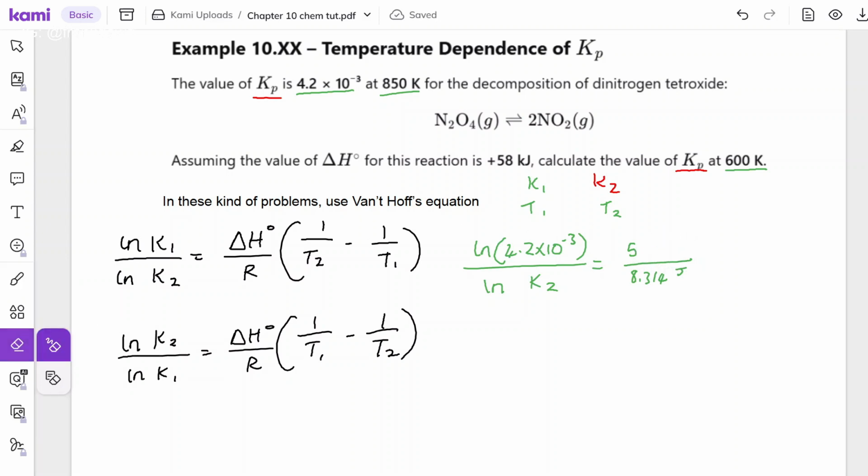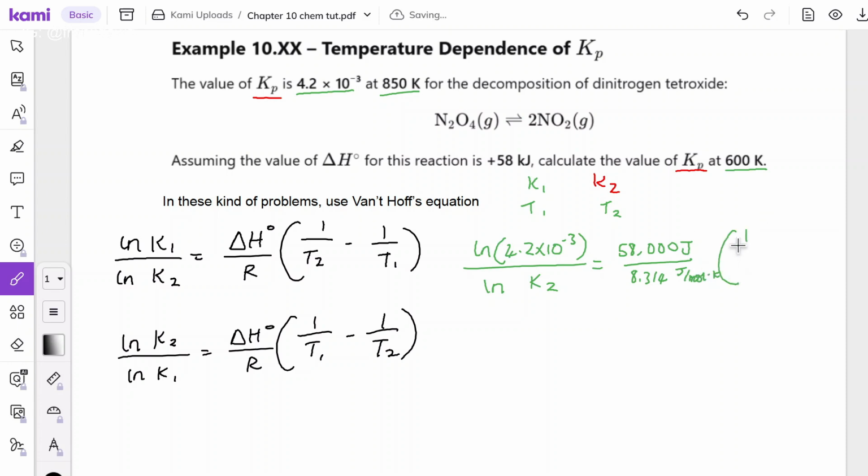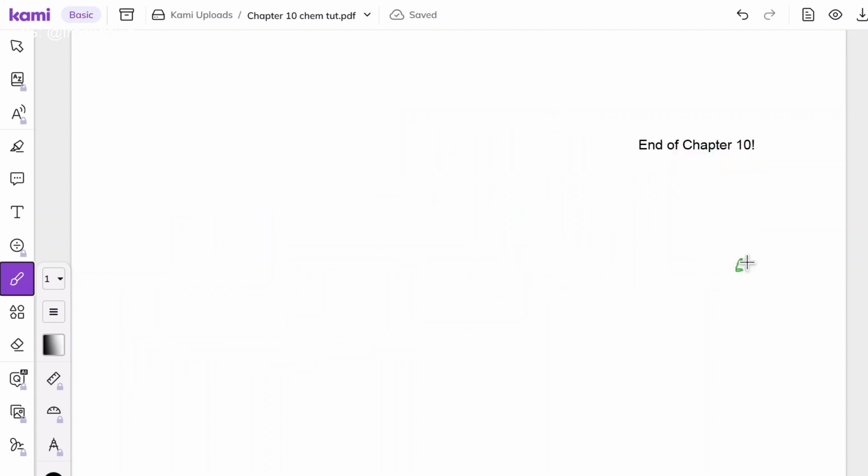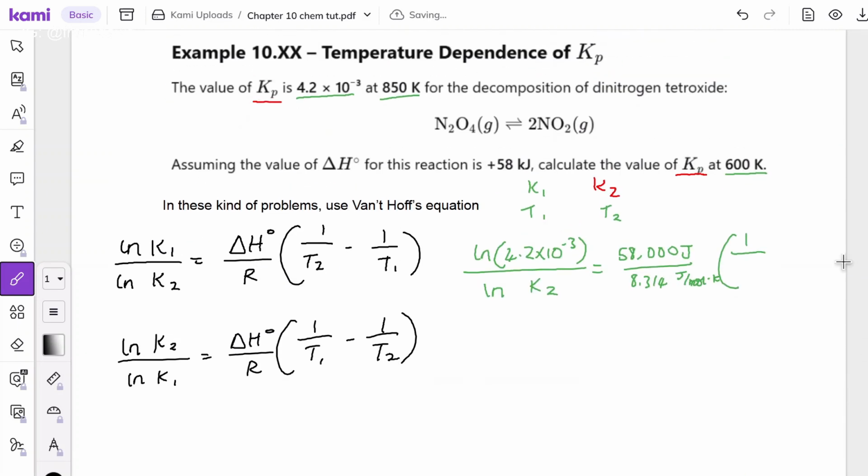So we just multiply that by 1,000 and it becomes 58,000 joules over moles times K. Then we plug the rest in. T2, we know T2 is 600 minus T1. T1 is written up here, which is paired with K1, is 850.